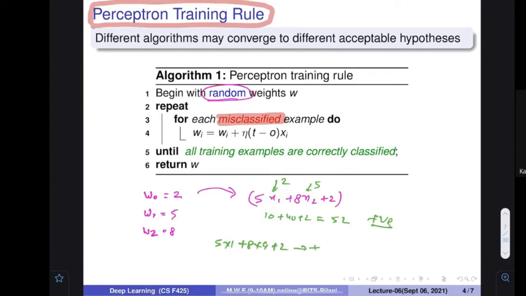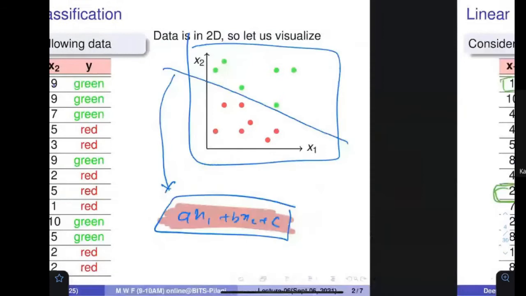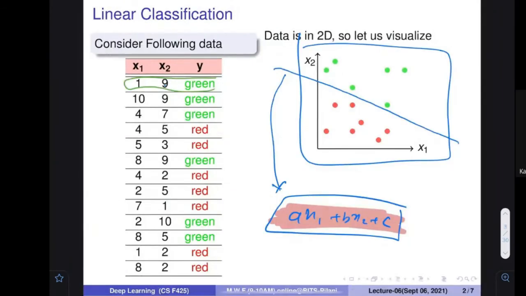Again, it is a positive number, so it is green. It is also green in the data, so I am correct here. In 2, 5, I was wrong. So in some places you are correct and in some places you are wrong.